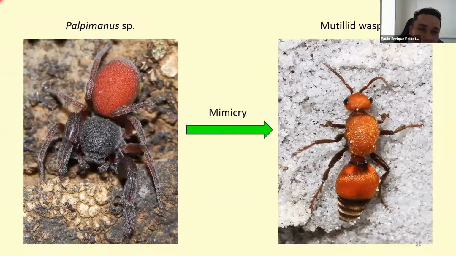They have some species of this genus, Paupimanus, and they were thinking that because individuals of this species are able to perform stridulation, oh, this is very difficult to say in English, I hope you understood, but because individuals of this species perform stridulation and also mutillid wasps, which are predators and very poisonous individuals, also perform stridulation, they thought that individuals of this spider species would mimic individuals of mutillid wasps, okay?